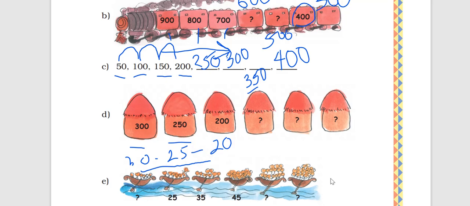Let's decrease one more 5 from 20, you get 15. And you're talking 15 tens, 150. Subtract another 5 from 15, you get 10. We're talking tens, so 10 tens is 100. And if we subtract 5 more tens from 10 tens, you get 5 tens, which is 50.